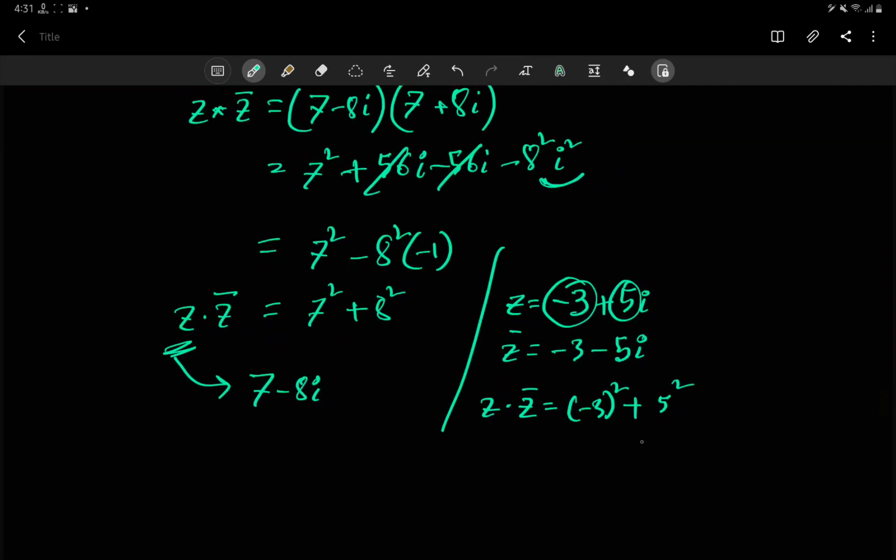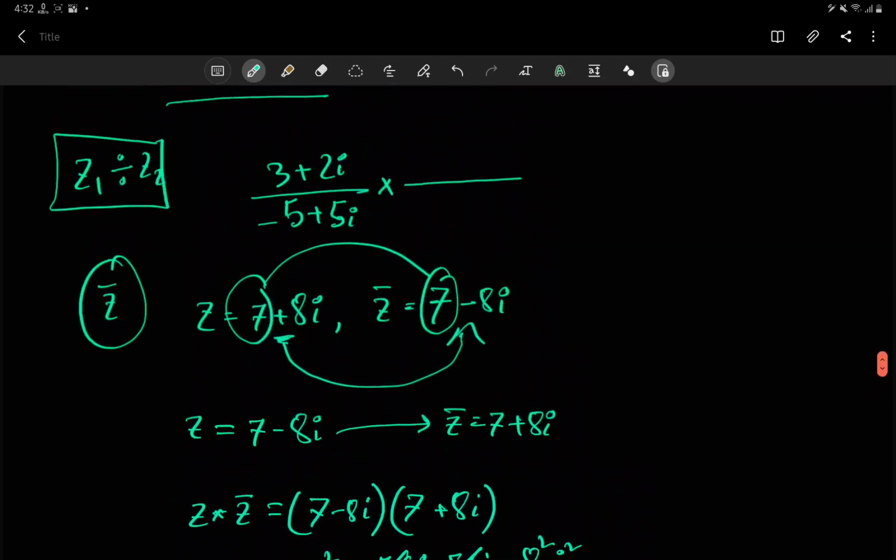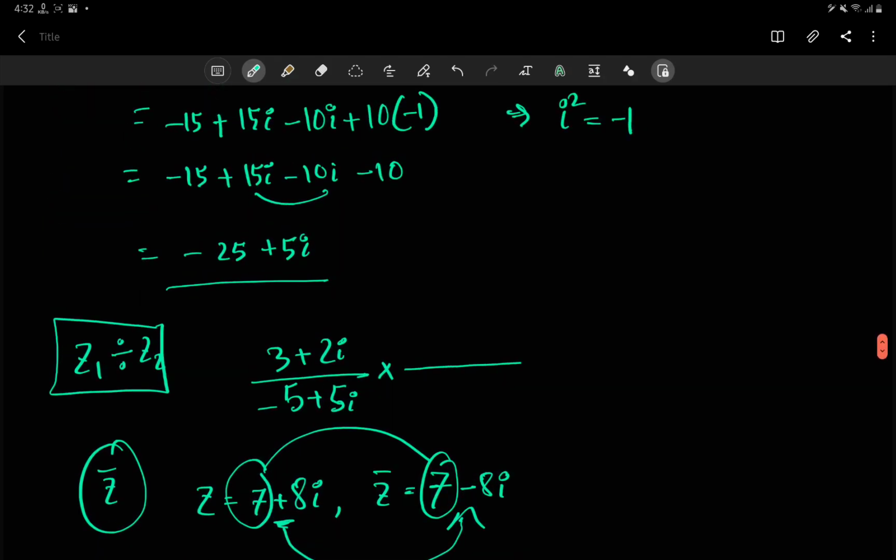So this is kind of like our Pythagoras, if you can remember. So 7 squared plus 8 squared looks like our Pythagorean formula, and there's a connection to that. We will get to that later as well, but let's finish how we divide two complex numbers.